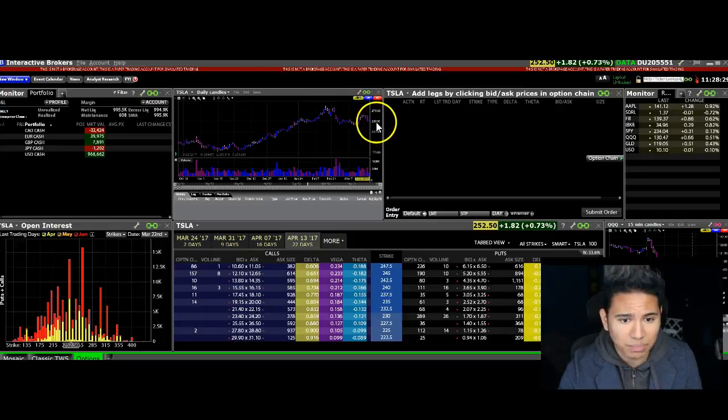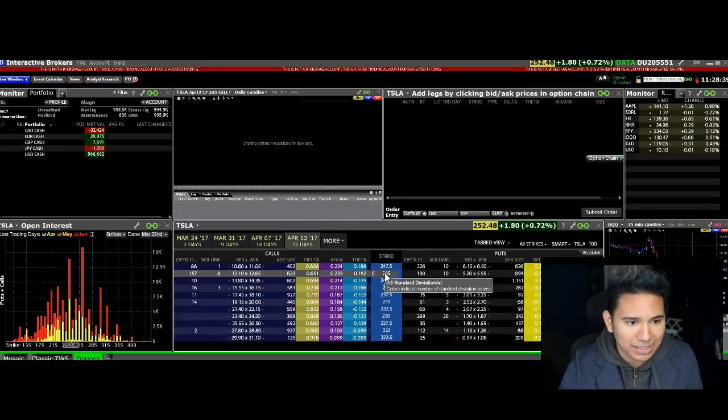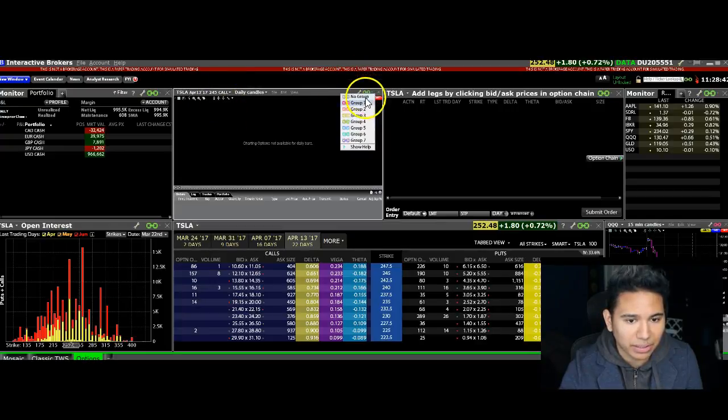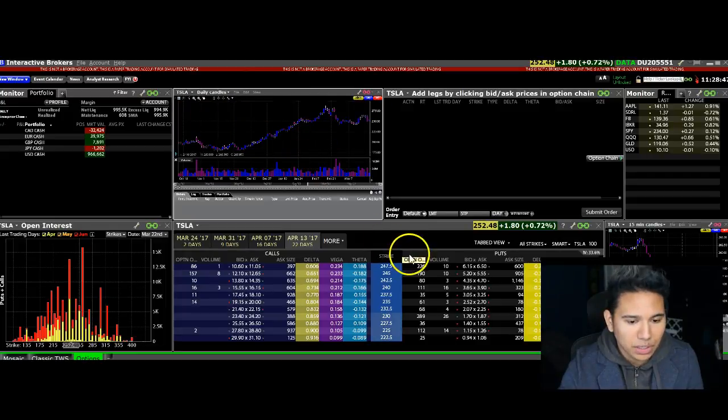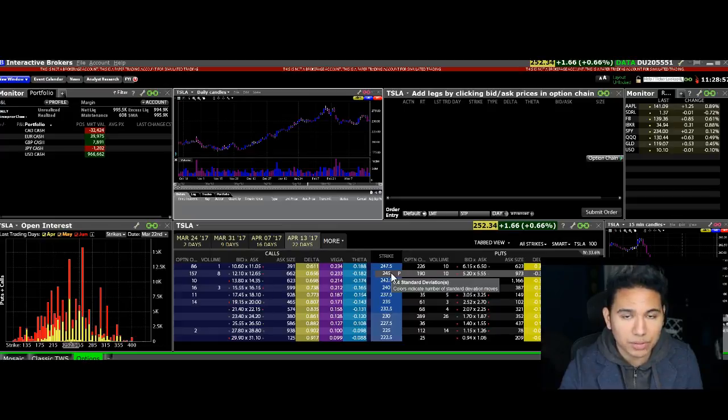So if right now it's at 250 and we buy the 245 call, it has roughly $5 of intrinsic value, because Tesla is trading right now at 250, and the strike for this one is 245. So $5 of that is already in the money.